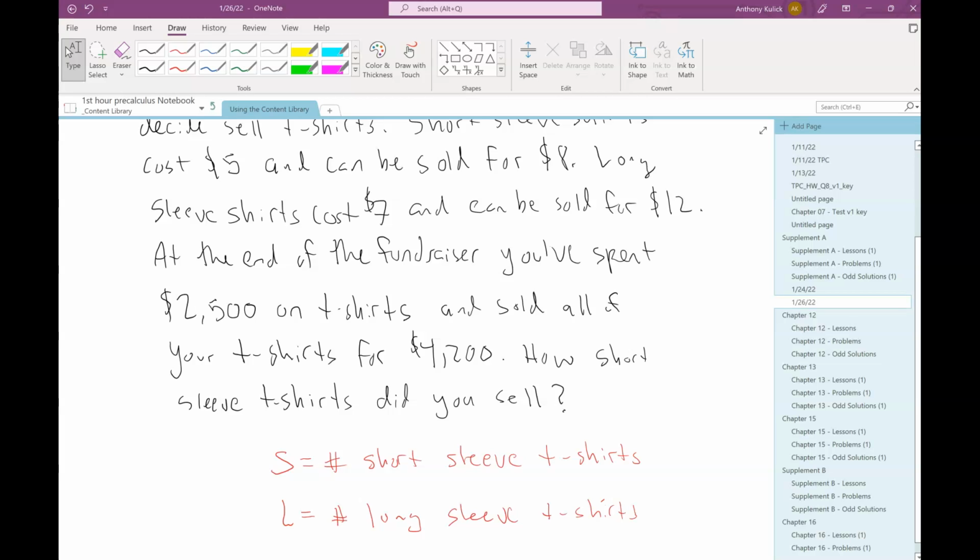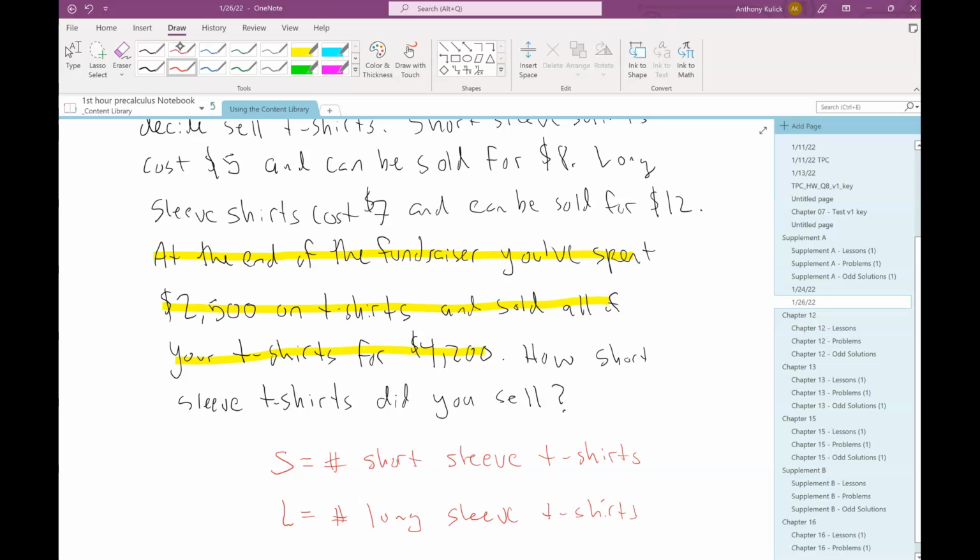So when I read this sentence, it's going to be the key to how I'm going to set up what two equations I'm going to try to write. I'm going to try to write one equation for the total costs and one for the total revenues.